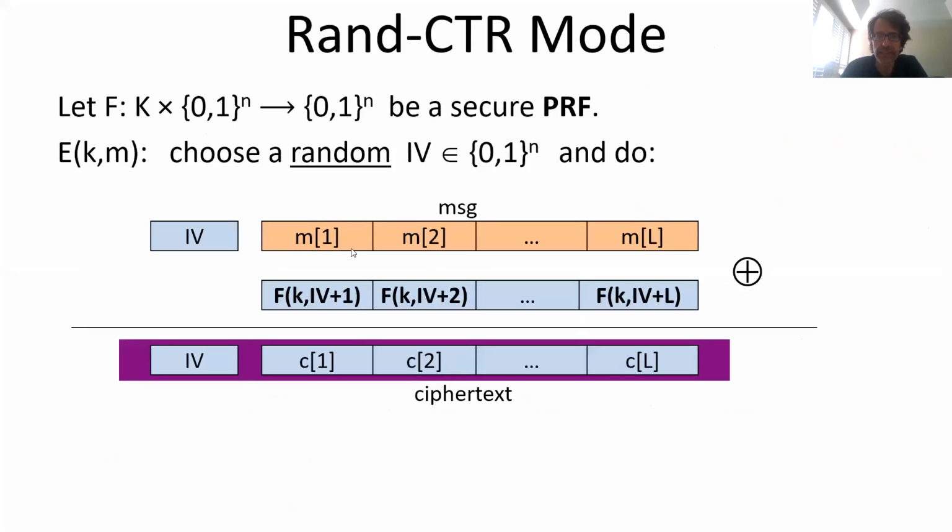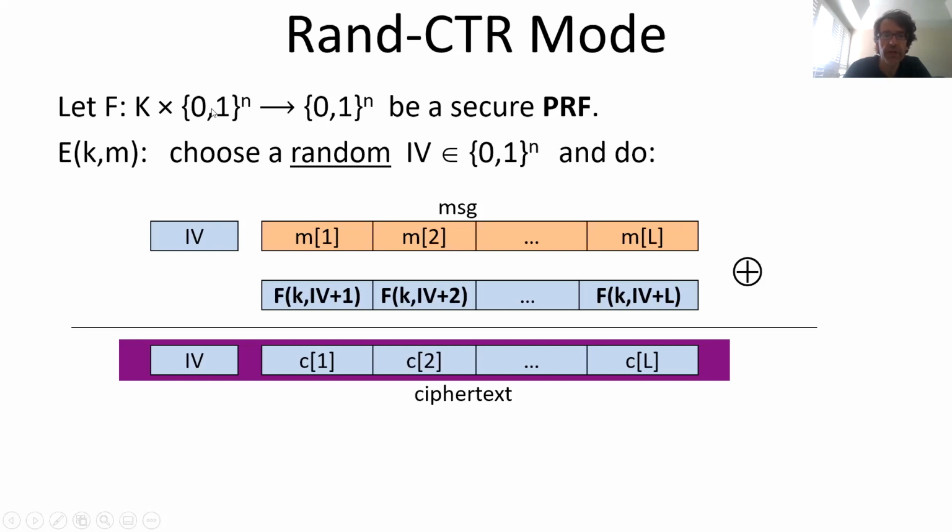But here's a simple hack, if you will. If you have a long message, pick a single randomness and combine a randomized counter mode with the deterministic counter mode in the following way. The random IV, this is the R from the previous slide, is chosen to encrypt.